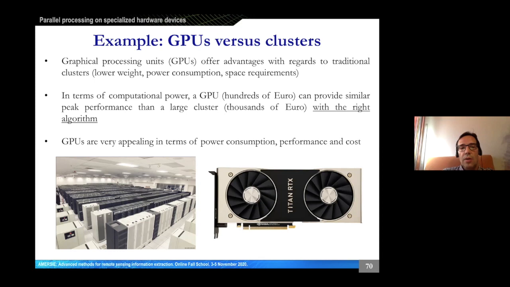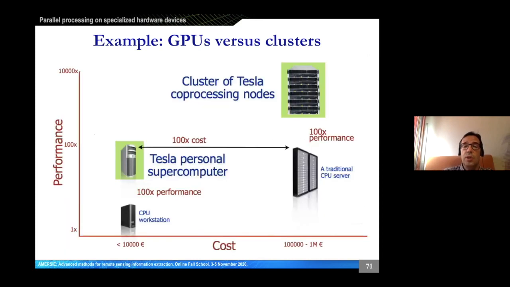There are some algorithms that are not well suited for GPUs because of the architecture. We need parallel tasks that are independent. And in general, GPUs are quite appealing in terms of power consumption, performance, and cost. But we need to find the right algorithm to exploit a GPU.